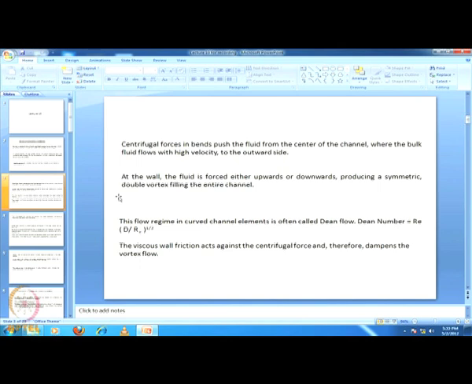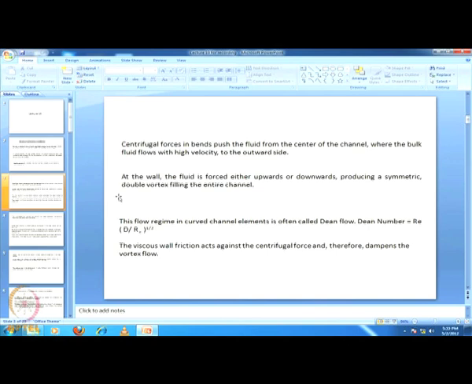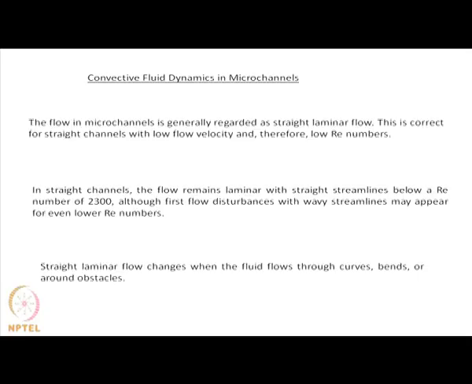Now, what happens at the bends is that the centrifugal forces at bends push the fluid away from the bend. So, there will be alternating positions of low pressure and high pressure at different positions at the bend, and this would give rise to mixing near the bends.